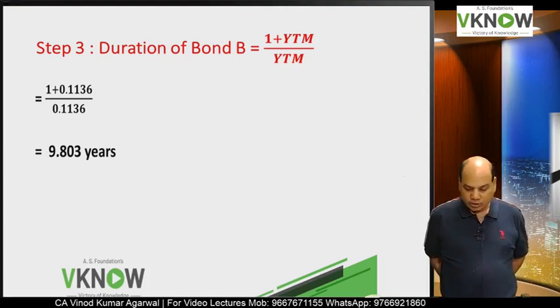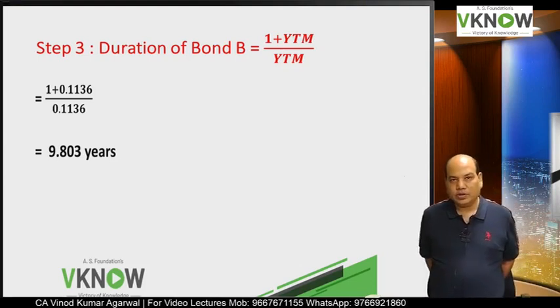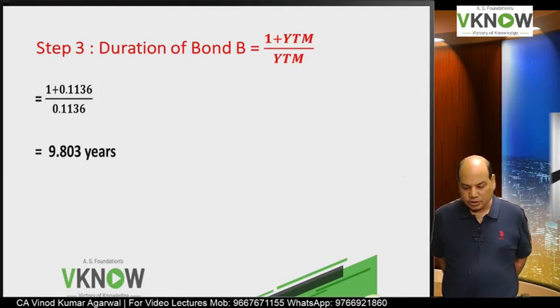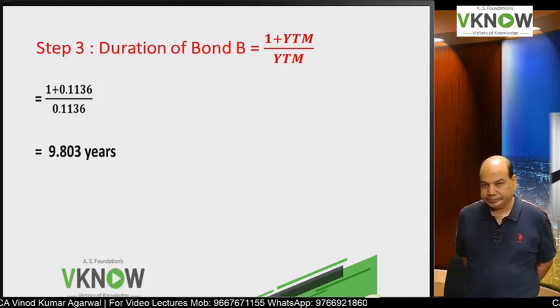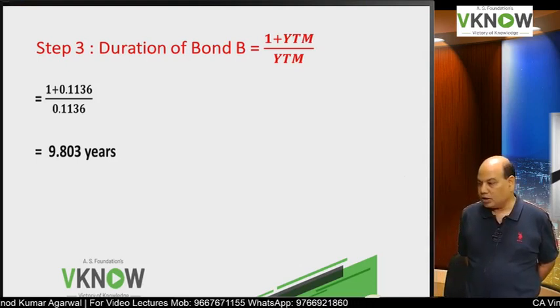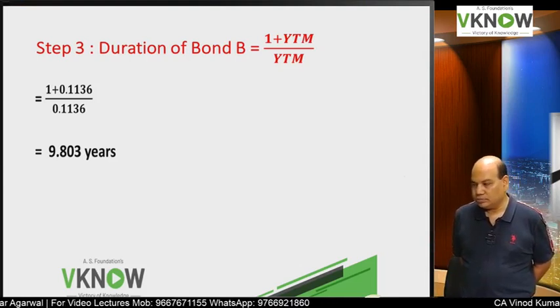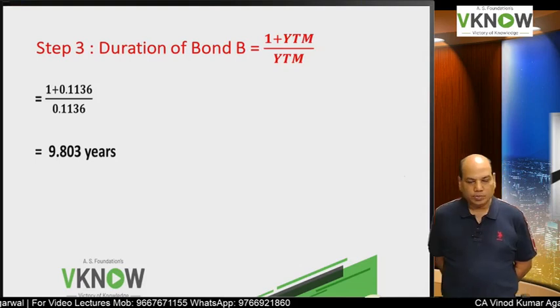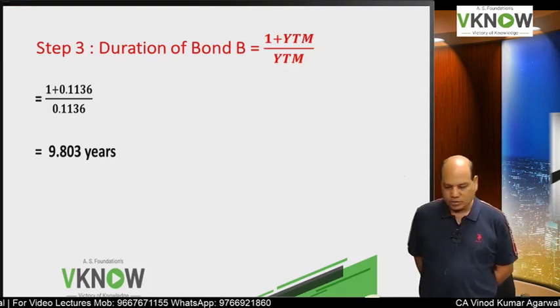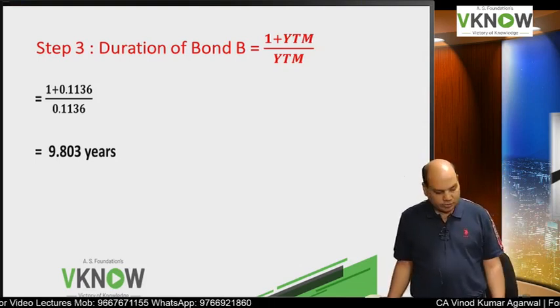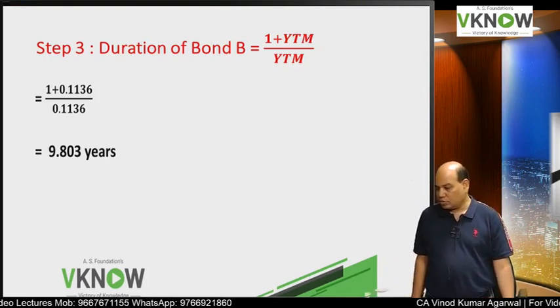So how much is that? 1 plus 0.1136 divided by 0.1136. So that comes to 9.803 years. Is it right? Say yes or no.